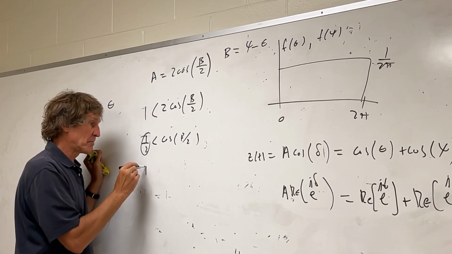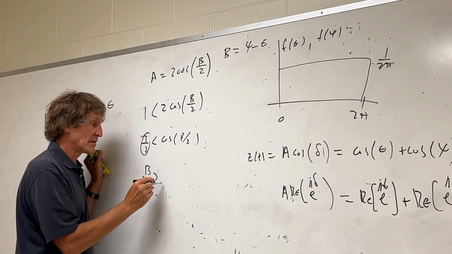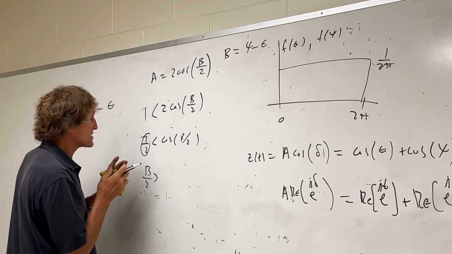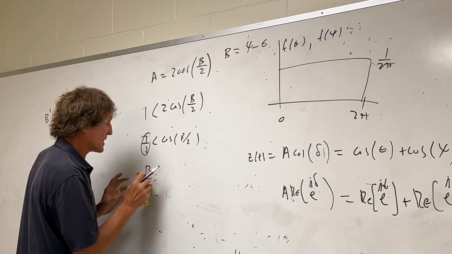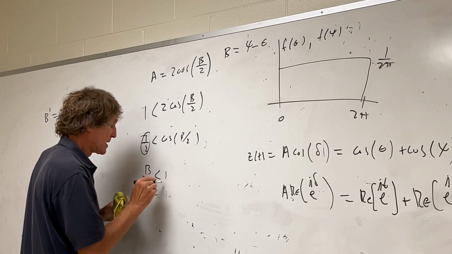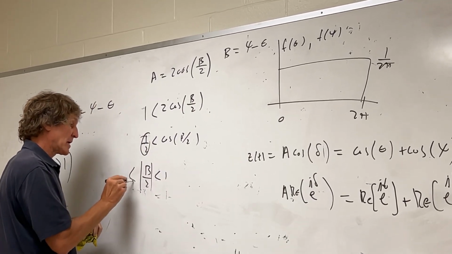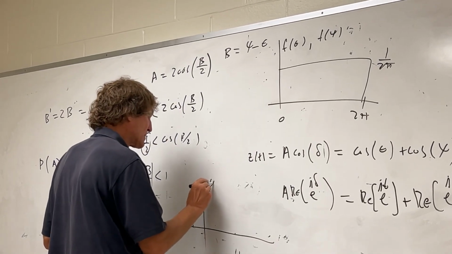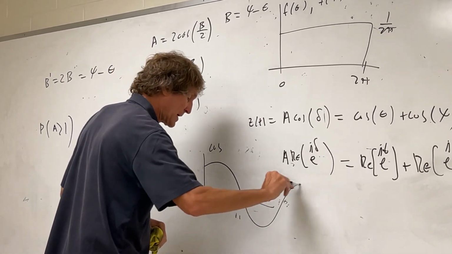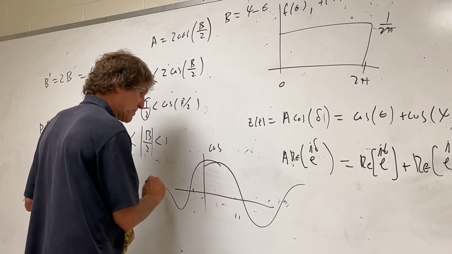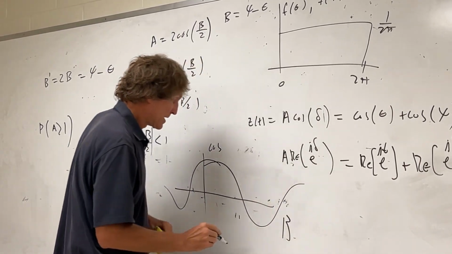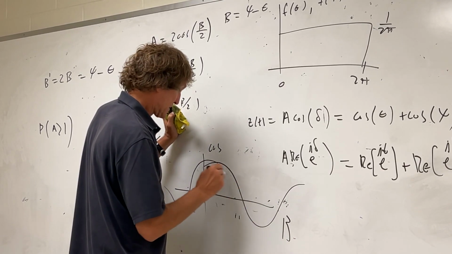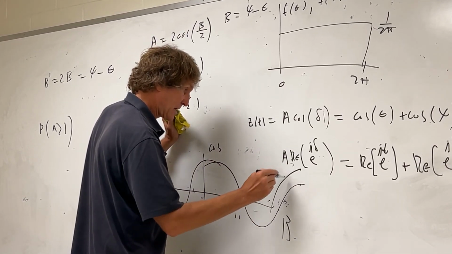So that means that beta over 2 would be greater than, or I should say, this is greater than 1 would be less than 1. And it would be magnitude of that greater than 1. And what I'm doing is, I know I'm out of time. If I take a look at a cosine function as such, because beta would be the argument, this would go, let's see, starts at 1, ends at 1 here.